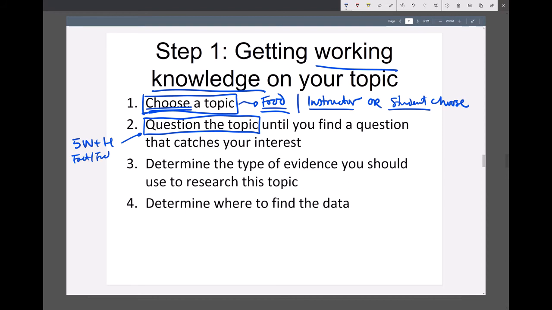So those are the types of questions you could ask. Keep asking until you find a question that catches your interest. The idea is to find something interesting.